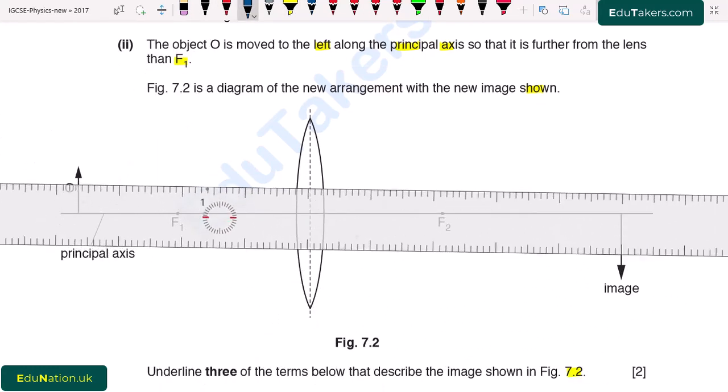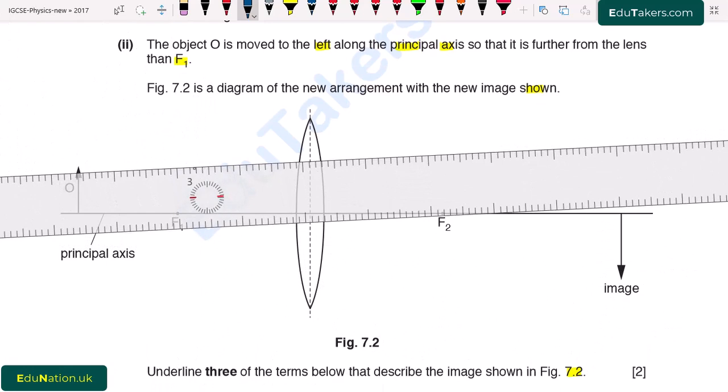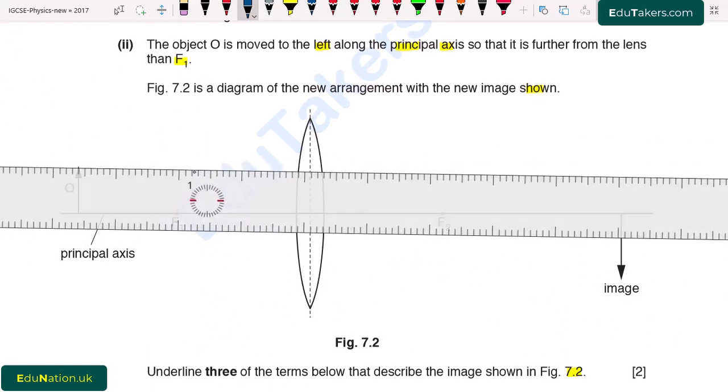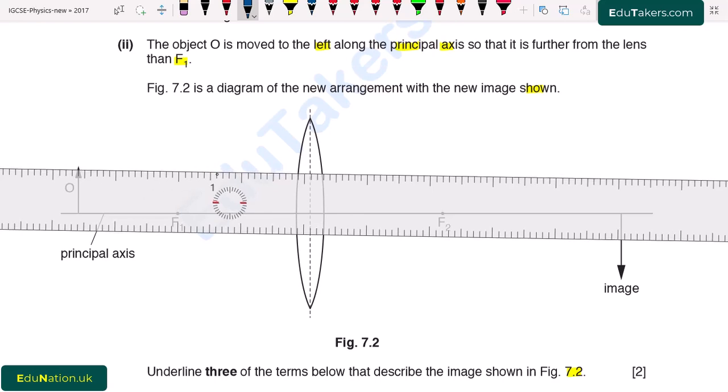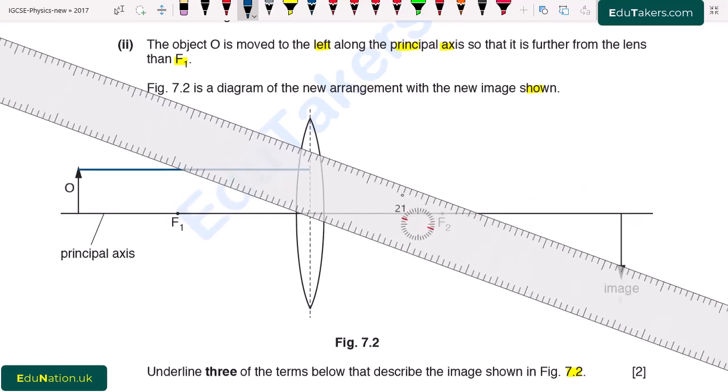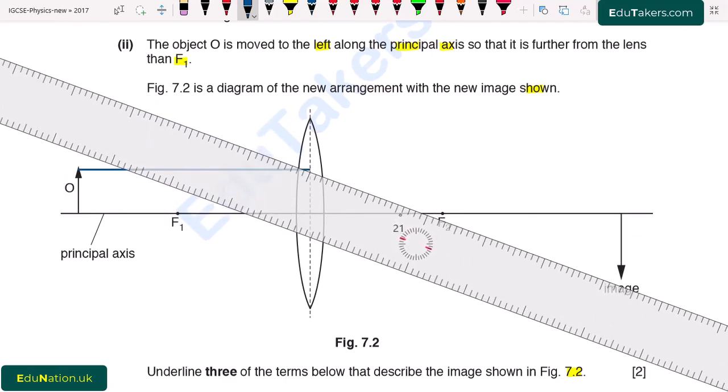The first ray is again parallel to the principal axis. And after refraction by the lens, it passes through the focus point.